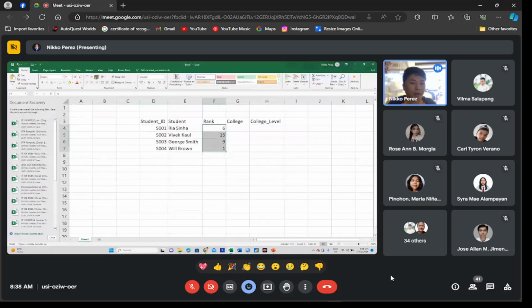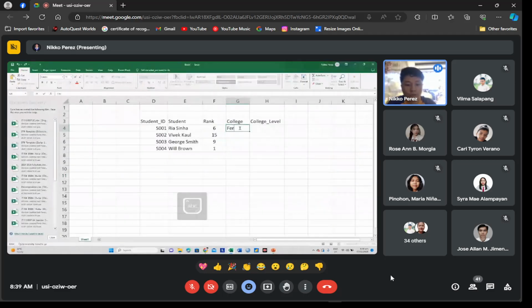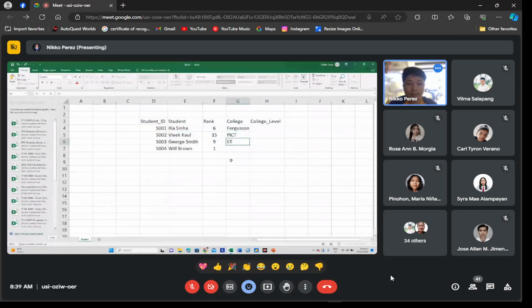These are the ranks of the student. And the college, we must not lose this college info: PICT, as well as IIT, and the college level, 4511.